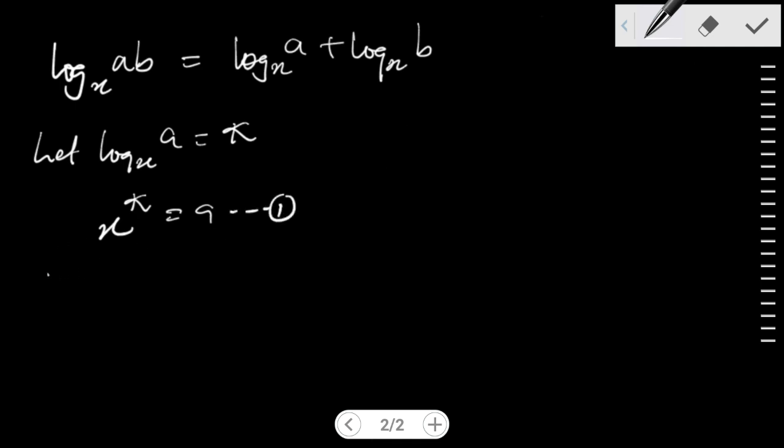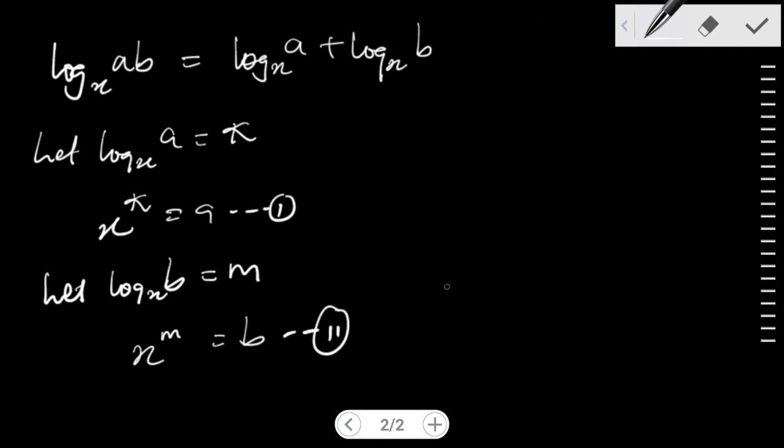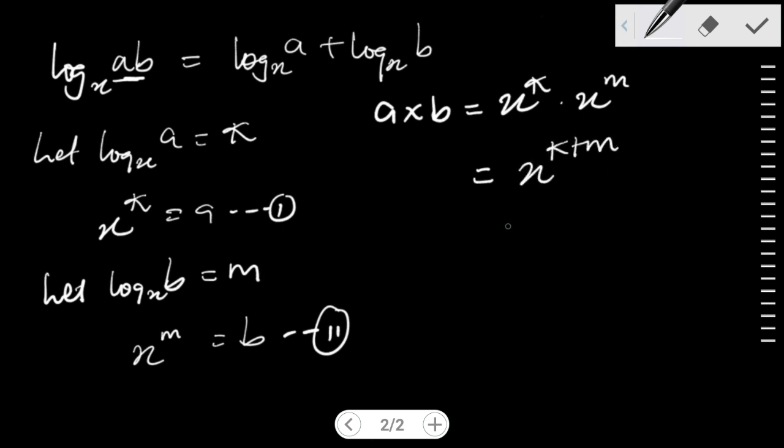Then let log base x of b equal m, so x to the power m equals b. Make this my 2. If I multiply a and b, I say a times b equals x to the power k times x to the power m, which equals x to the power k plus m, and therefore ab is equal to that.